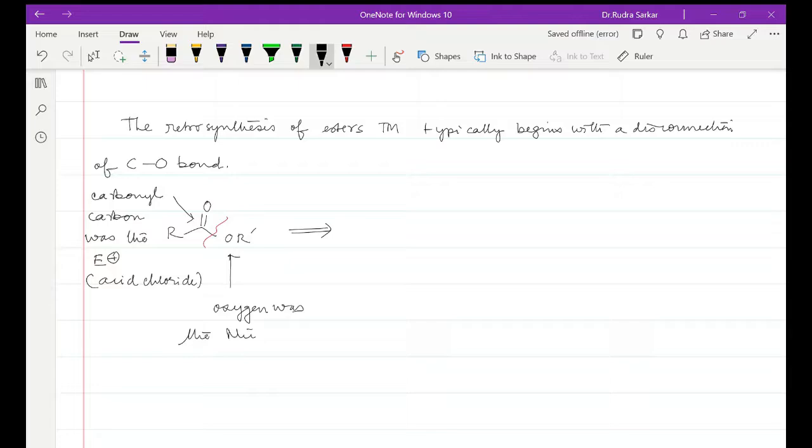So on disconnection, the synthons that are formed can be written as follows, where we will assign this to be the electrophilic carbon and this one will be our nucleophile, and hence we will say the synthetic equivalents for these synthons. We will write the acid chloride, which has the electrophilic center, and our nucleophile over here is the alcohol.